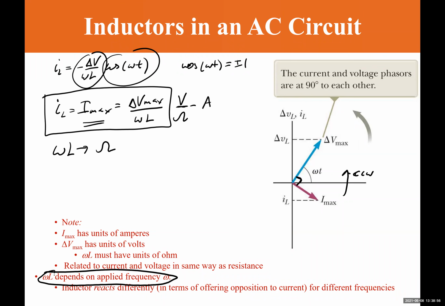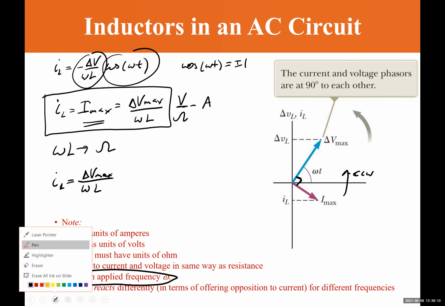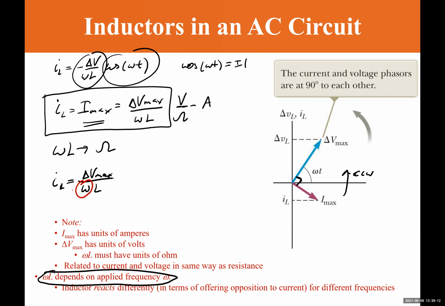And one thing I have here is that you can see, right, I, which is equal to I_L, delta V max, which we can assume is a constant, but then divided by L, which is also a constant, but then I have omega. And just because I have omega over there makes the current frequency dependent in this case, right? So this is the maximum current.